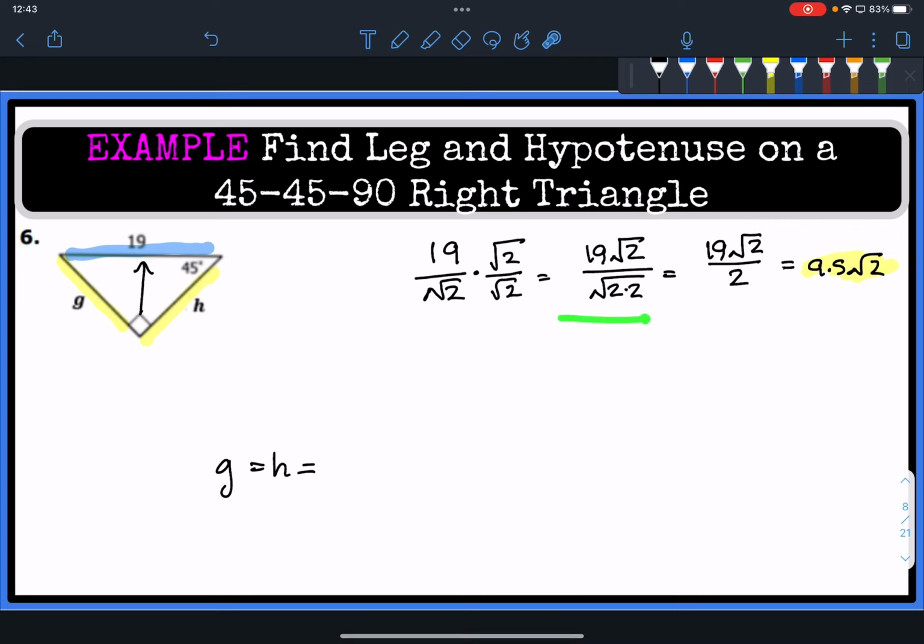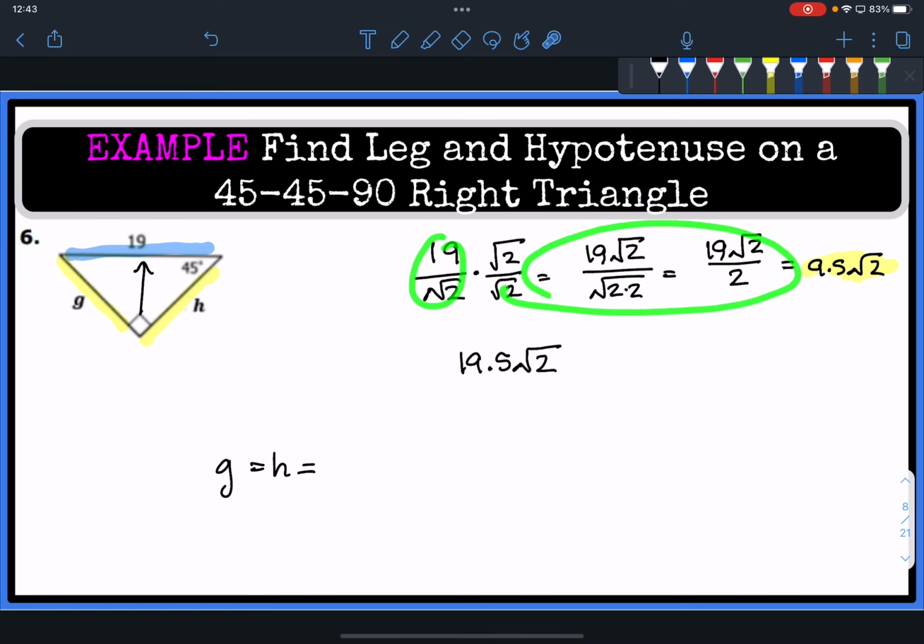And the shortcut of getting this same answer right here without having to do all of this work, look at what happens. In these type of situations, since both of these numbers are not in the radical, the shortcut to get this answer here is to simply divide 19 by 2, which is 9.5, and then multiply it with the square root of 2. So in a situation like this, you don't have to do all of this. You can just simply do this shortcut to get this answer a lot quicker.